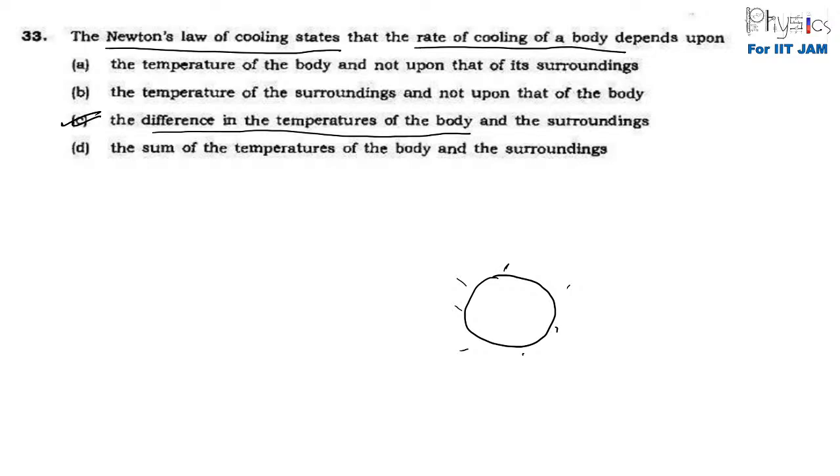So if the temperature of the body is T and the temperature of its surrounding is T naught, then Newton's law of cooling states that the rate of cooling of the body depends upon the difference in temperature, that is T minus T0. So let's go to the next question.